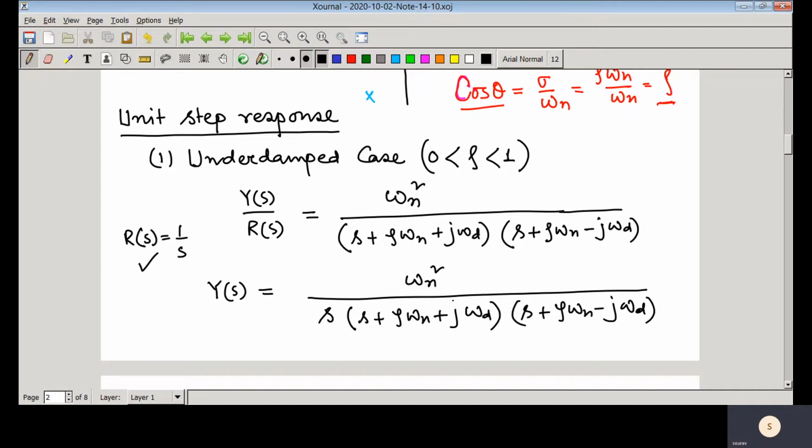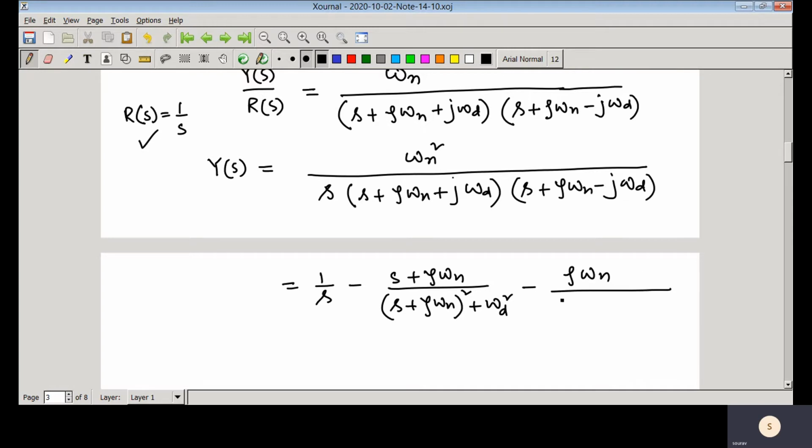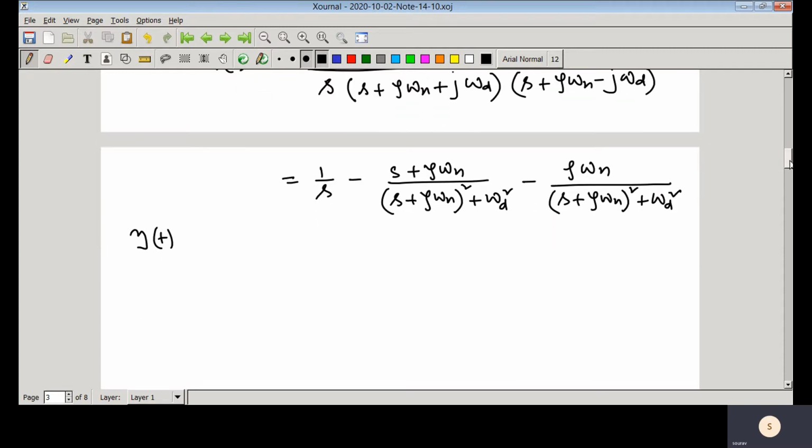Now if you take the inverse Laplace transform, first we need to factorize it. We have already derived those things: s plus zeta omega n by (s plus zeta omega n) square plus omega d square. So now if you take the inverse Laplace transform, you will get the expression of y(t).